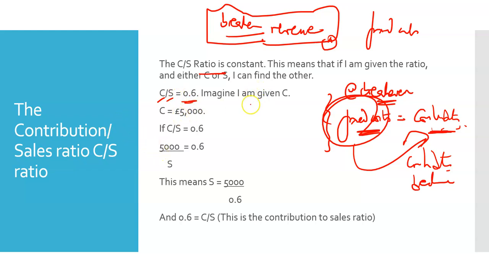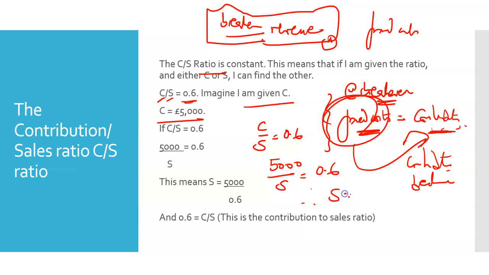So imagine I'm given contribution, and I'm just using this before I talk about fixed costs, but contribution is 5,000. I know the C over S ratio. If C over S is equal to 0.6 and you're given C, that means 5,000 over S is equal to 0.6.